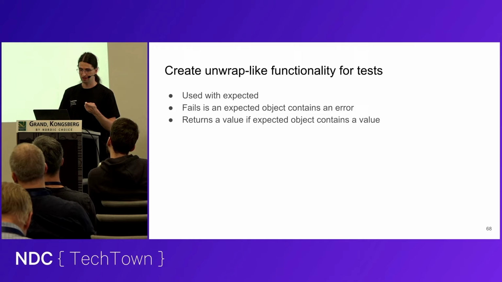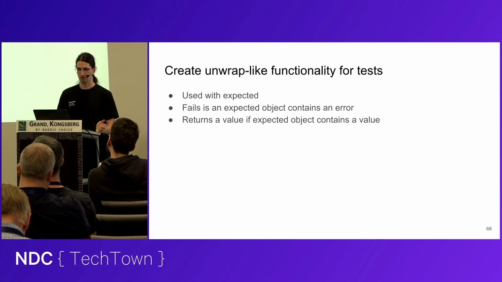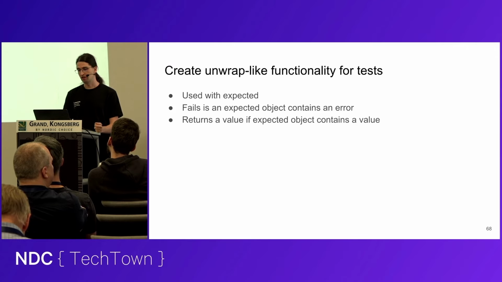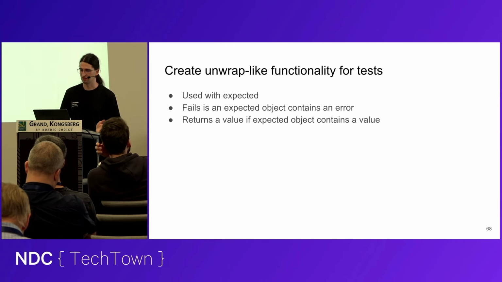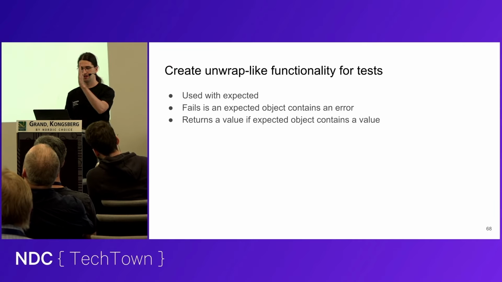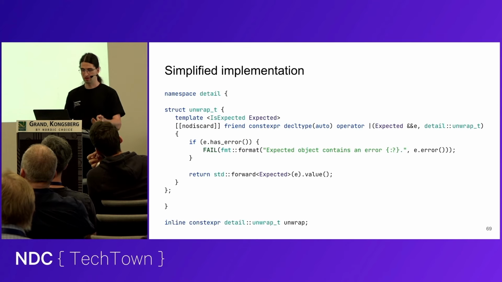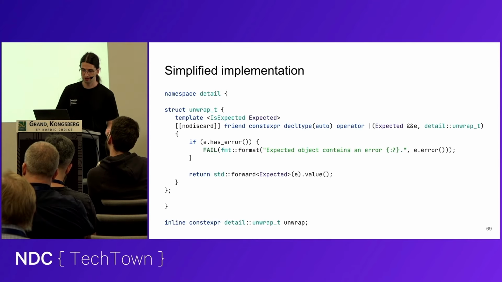Another thing that I promised can be used with this interface, with the free functions: we can create unwrap-like functionality for tests specifically. So we can use expected, and this abstraction can fail if an object contains an error, and it can return the value if there is a value. We can have a simplified implementation like this.